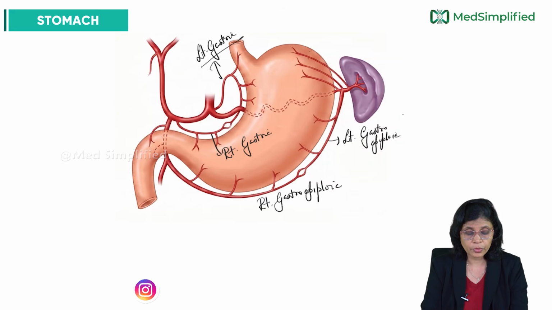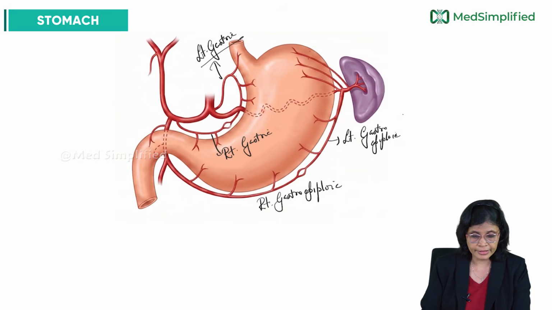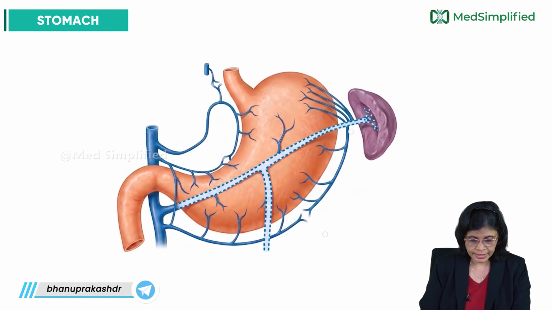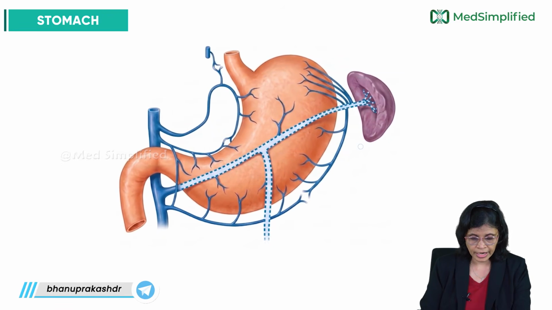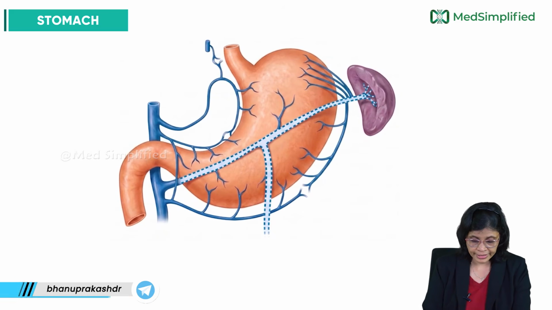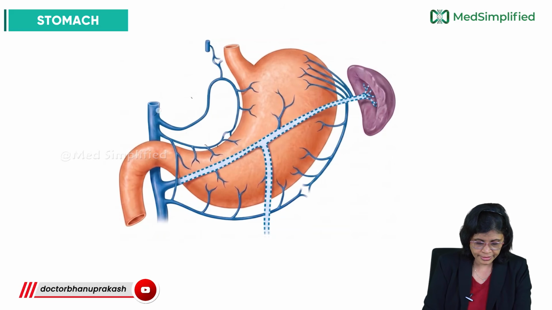So the venous drainage of the stomach corresponds to the arteries, and they drain directly or indirectly into the portal vein. The right and left gastric veins drain into the trunk. You can see here they are draining into the trunk of the portal vein.